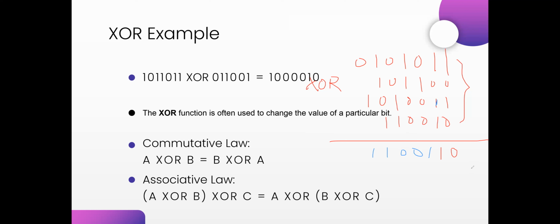Can anybody tell? Or can you find any pattern? If I have a lot of numbers, let's say I have 100 numbers, and I want to XOR those 100 numbers, is there a faster way you can tell whether this is 0 or this is 1?